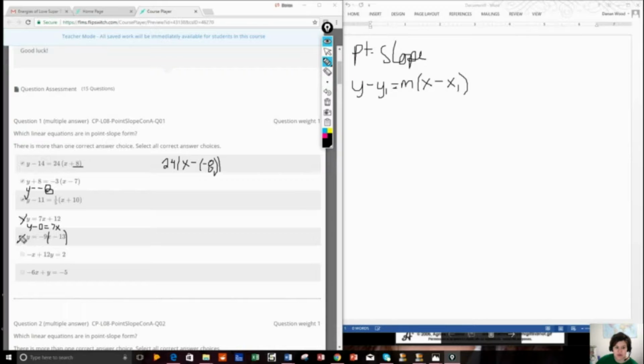So this one's not in point-slope. This one is not in point-slope because we have a negative x plus 12y. Alright, so that's not it. Negative 6x plus y, still not in point-slope. So there's our point-slopes for that.